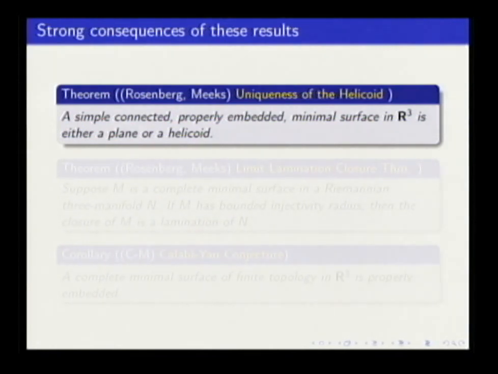Either you have no curvature blow-up, in which case you know what's going on, or you have curvature blow-up, in which case what you're doing produces a limit lamination with a singular set that's a line, and leaves that are all limit leaves orthogonal to that line, just like you have in the helicoid case. And they use that information to prove that you started out with a helicoid to begin with. This is an amazingly strong theorem.